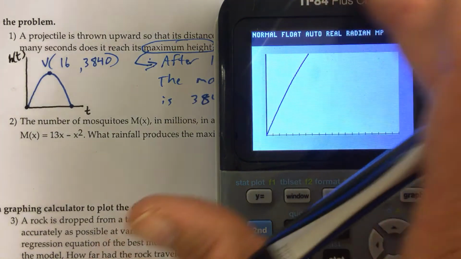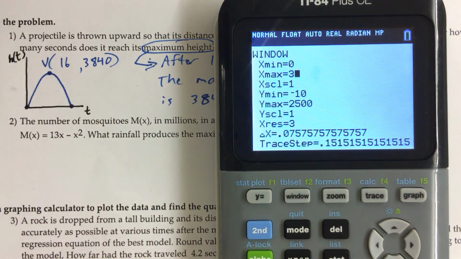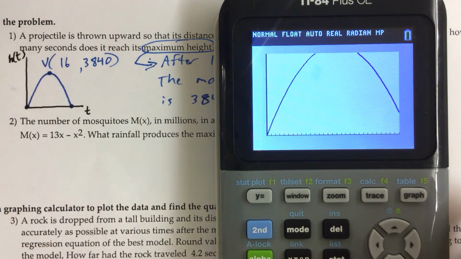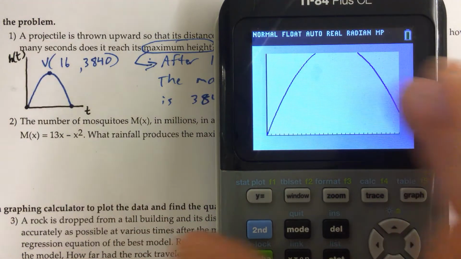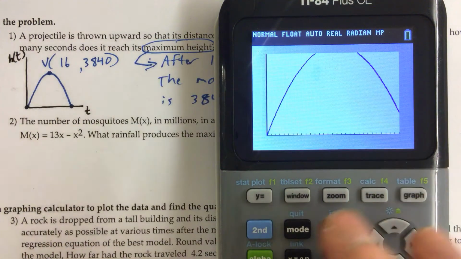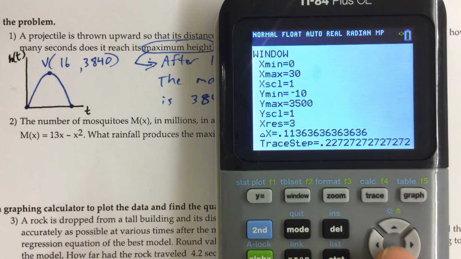I can see it's going to go out like this, so I need to increase my x, and I can increase my x to 30, and then it has to go higher than that, so maybe 3,500. And I just keep doing that. I need to go up a little higher and over a little bit more. But when I only need to know the vertex, I don't need to go over to the right anymore, so I would just go up. This is the guess and check method, maybe 4,500.